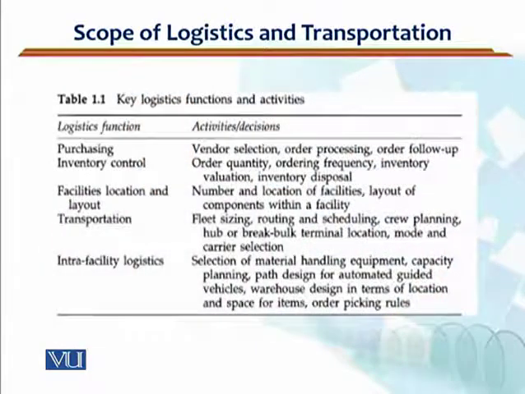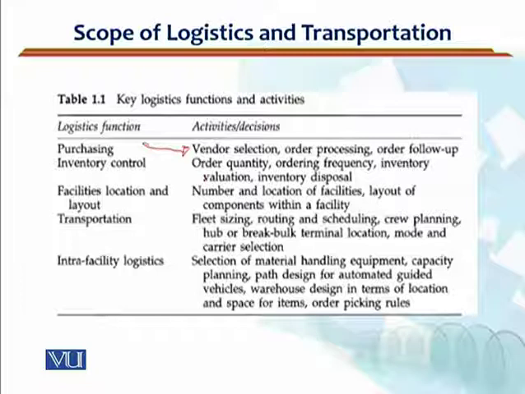In this table, the key logistic functions and activities are provided. For example, the logistic function of purchasing covers vendor selection, order processing, and order follow-up. Then inventory control, which you have covered in your different courses of logistics.